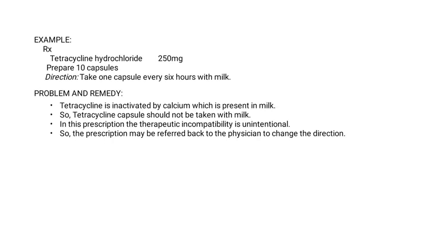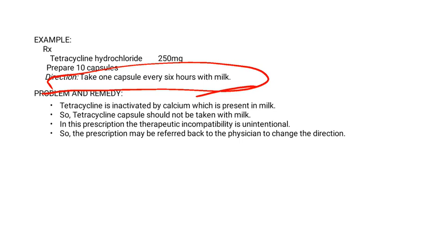Then another example is tetracycline hydrochloride 250 mg, we want to prepare 10 capsules, and the direction is given to take one capsule every 6 hours with milk. Okay, here the problem is that milk contains calcium, so the tetracycline is getting inactivated by the calcium.